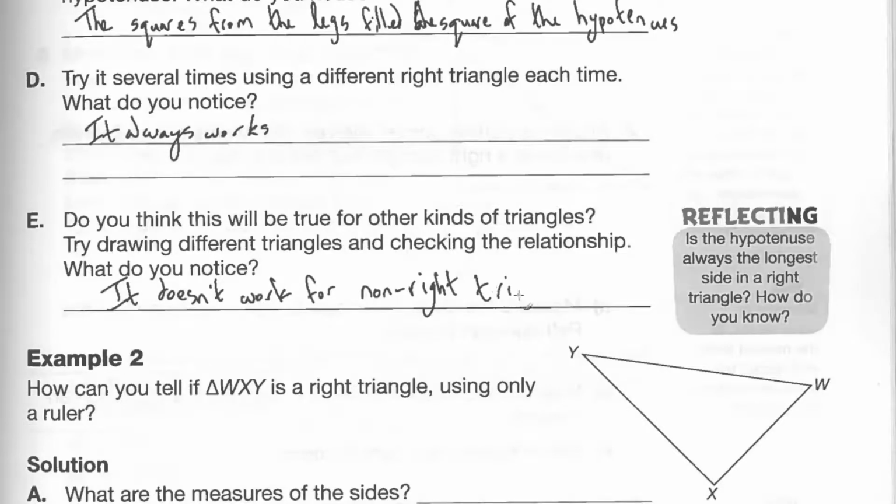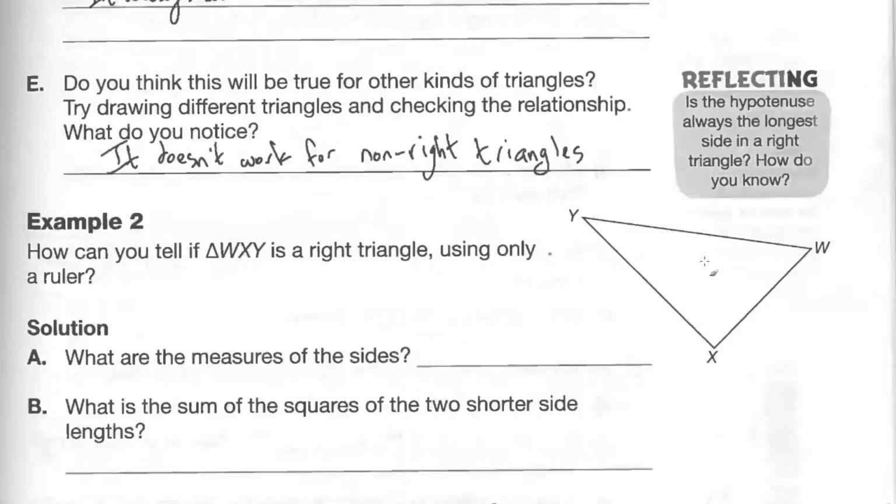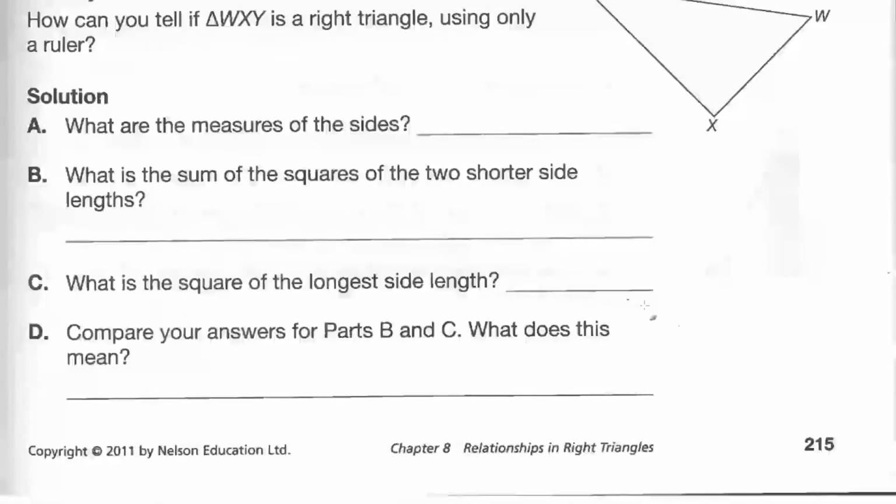If I have a non-right triangle, it's not going to work. The hypotenuse is always going to be the longest side. We know that because the length of the side is going to be the square root of the sum of the squares of the legs. So if I add something together and square root it, it's always going to be bigger than anything else. It has to be, because I'm adding positive numbers to it.